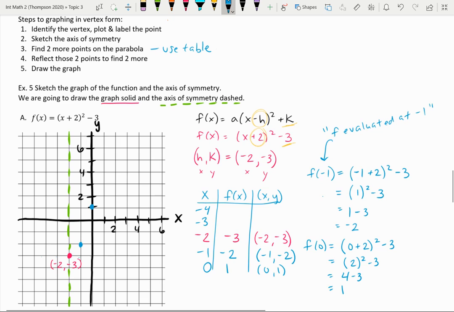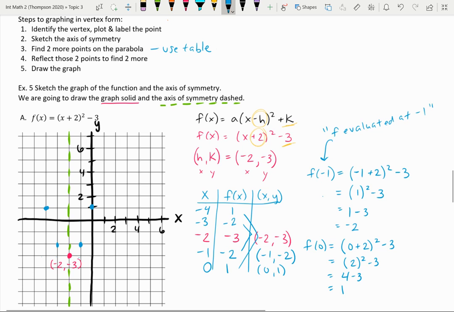Now, there's symmetry about this vertex. So whatever is 1 unit away below is also going to be 1 unit here. And then whatever's underneath is going to be 1. So these are going to be the same. So I also have the points -3, -2, and -4, 1. That just means it's less that I have to plug into my table.